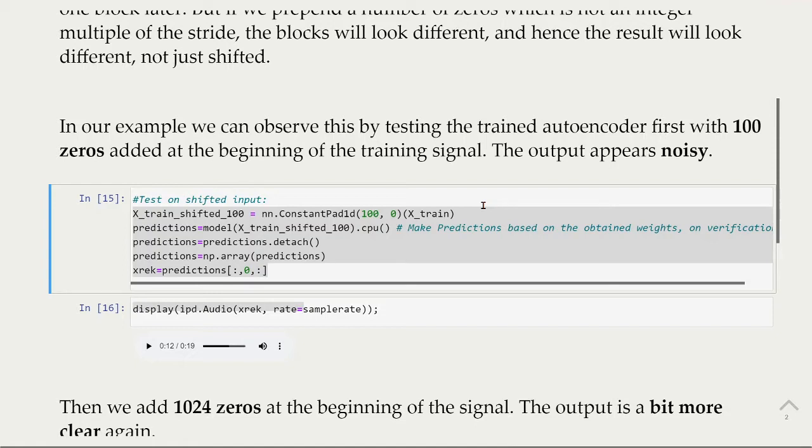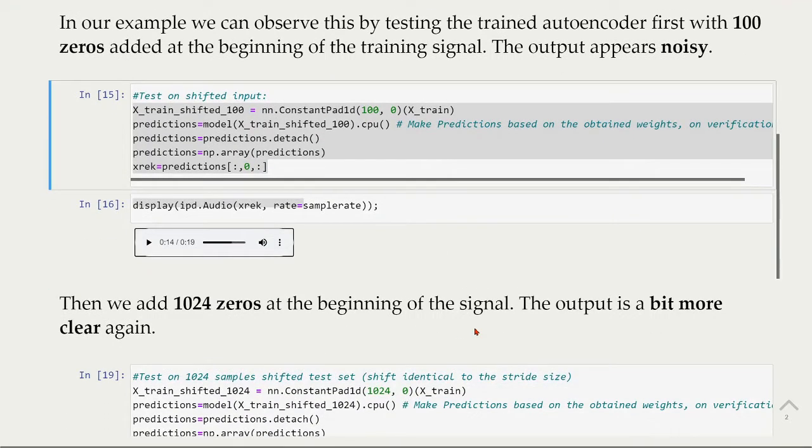So we are giving a shift of 100 zeros, and then we are making predictions from this shifted input signal, and we can listen to it. We notice that the output appears really noisy.